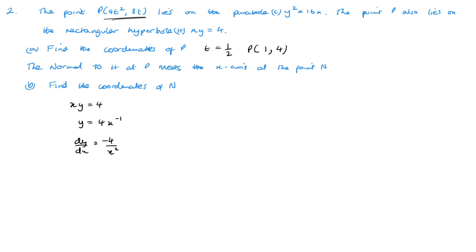Now we're going to substitute 1 in, so minus 4 over 1 squared, or minus 4. So the tangent gradient is negative 4. We want the normal, so the gradient of the normal is change the sign and flip. So positive 1/4.